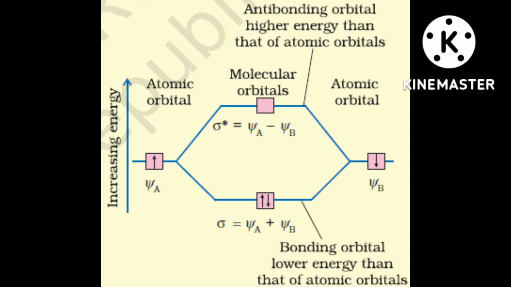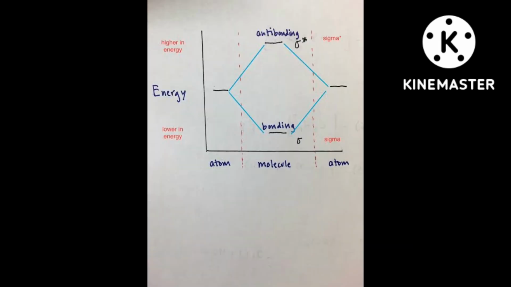How? As I told you already, you can write psi, and down you write M.O., meaning molecular orbital. Then psi M.O. is equal to psi A plus psi B, which means a combination of atomic orbitals of A and B.